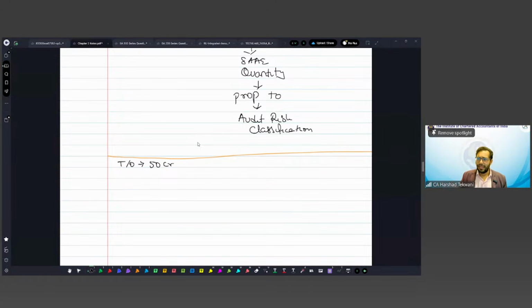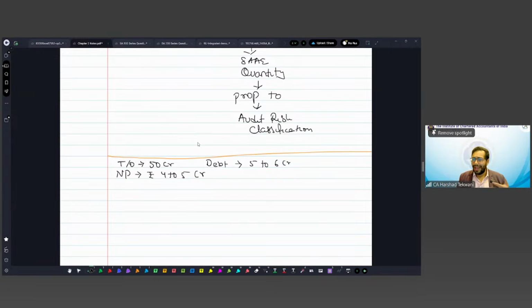They had debt somewhere around 5 to 6 CR. Net profit of the company, if I'm not wrong, was around 4 to 5 CR. So good profitability.